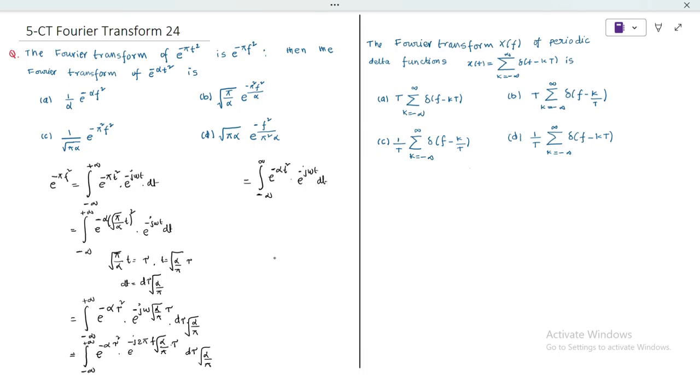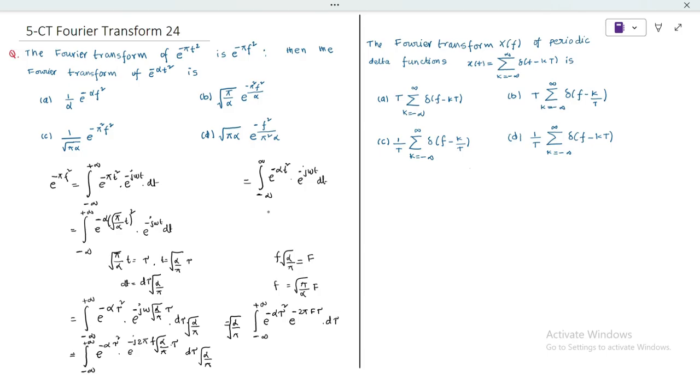Again here I want to change, so f root alpha by pi equals capital F, then f equals root pi by alpha F. So for this case, the integral from minus infinity to plus infinity, alpha by pi root of e power minus alpha tau square e power minus 2 pi f into tau d tau.